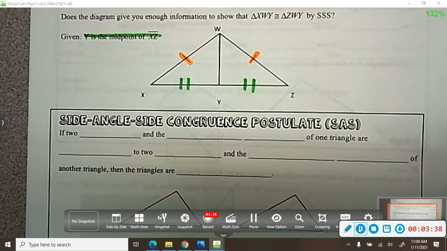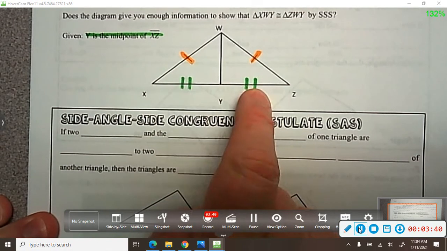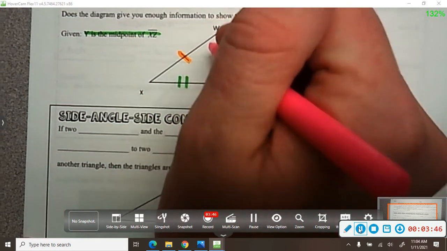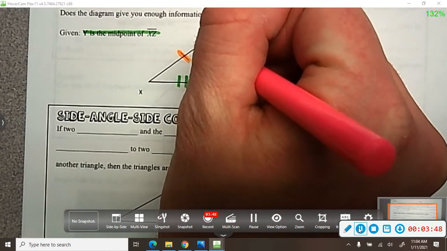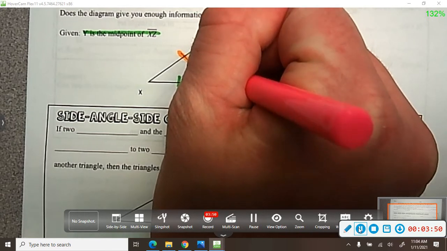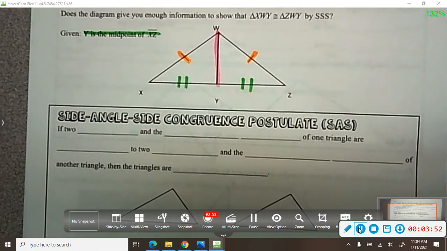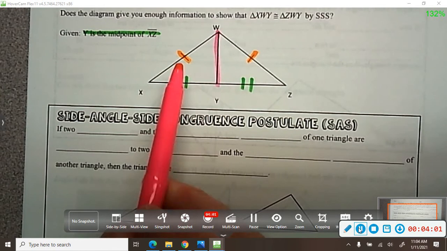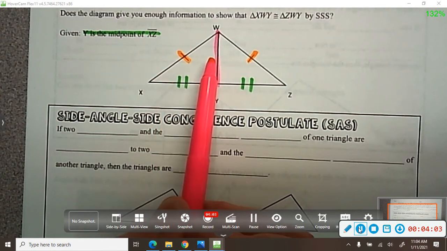So now we have sides, and do we know that the other side is congruent? Do I know that this side right here is congruent? And the answer is yes, because if they share the same side, then those sides have to be congruent. So yes, we could call this by the SSS.